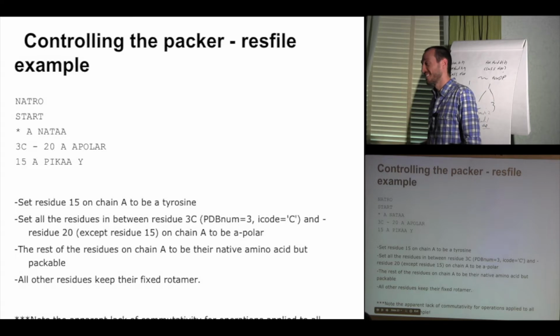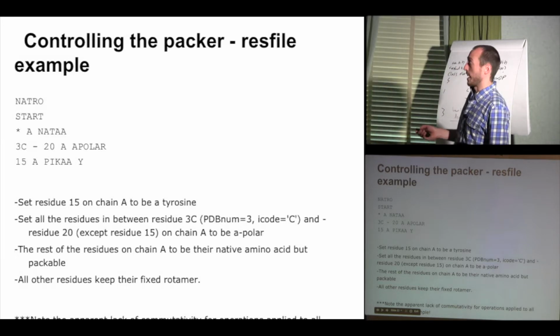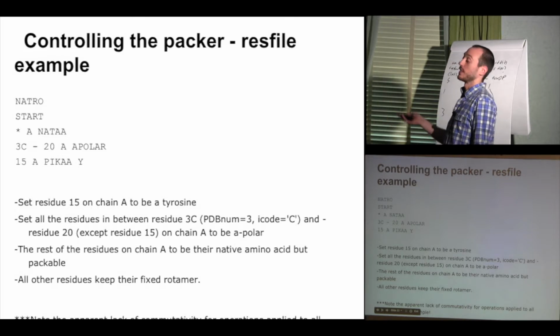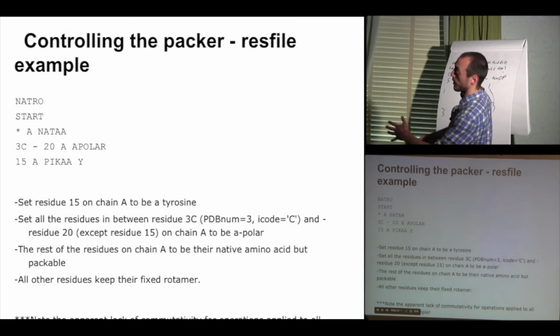NATRO means you have to keep your native rotamer. Yep. So how can you then go back and at position 15 pick a different amino acid? Yeah, and this is confusing. There's a discrepancy in how you configure the packer between task operations and res files.